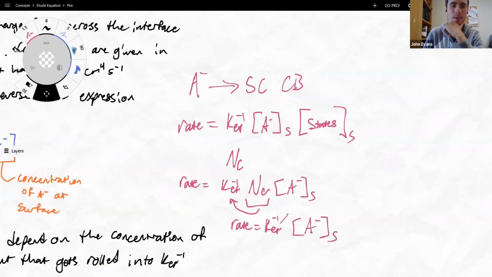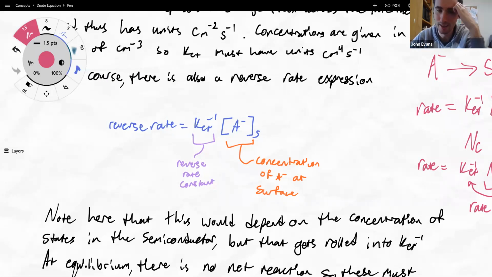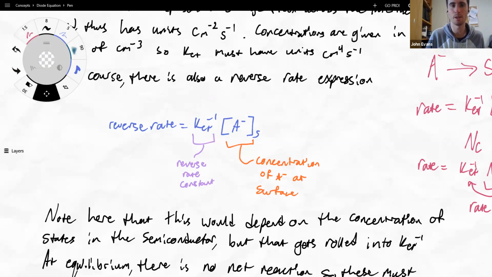So that's what we have over here, where it kind of looks like our equation is now only dependent on the concentration of A minus at the surface. In fact, it does depend on the density of states, but that gets wrapped up into our reverse rate constant for the exchange. So we don't see it in this equation, but it is there.